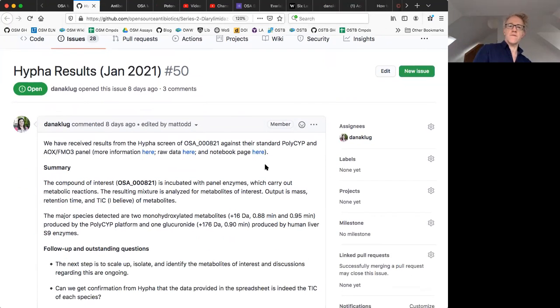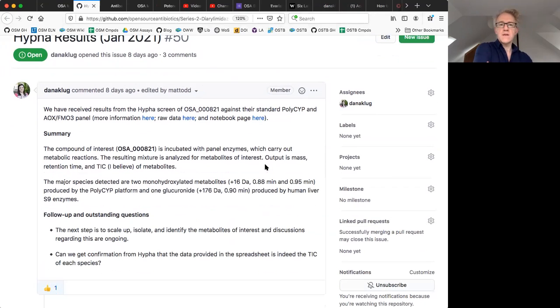In the sense that they've done their big screen and they've found some nice results that give them a decent amount of a pretty simple mono-oxygenated, hydroxylated, I should say, metabolite, which they think that they can scale up and send us. So the plan is, it seems they're quite busy this month, but they were planning to do this in February.